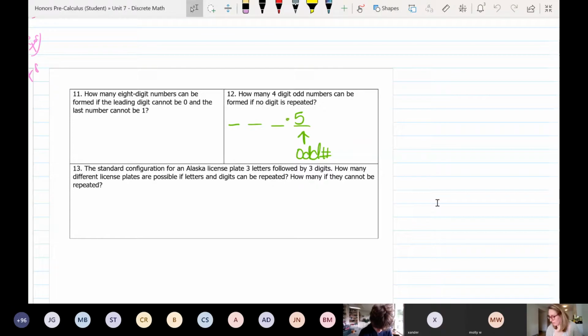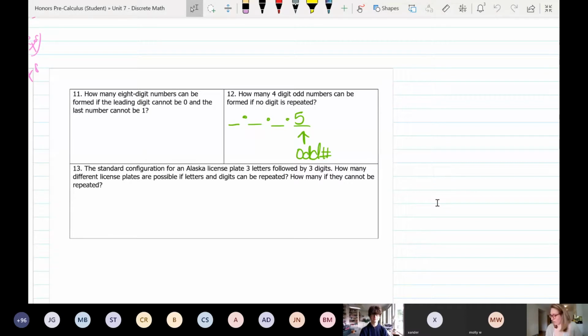Well, it says we can't repeat any numbers. So we have 5 options that make it odd. Now let's say we use one of those numbers. The 3 other numbers left can be anything. It doesn't matter if they're odd or even because it's not going to affect our number being odd. So we'll say that we've used up one of the odd numbers at the end.